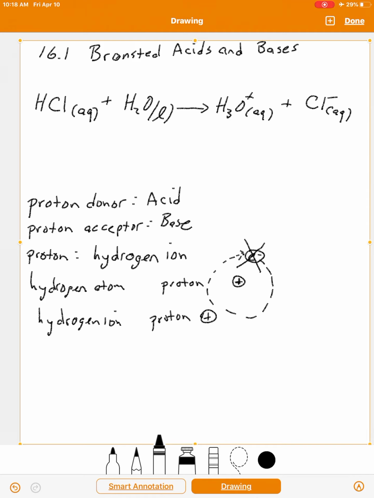So here's what we do. What you do is you look at the reactants. There's two of them, right? HCl differs from Cl minus by the fact that the HCl has a hydrogen ion and the Cl minus doesn't.